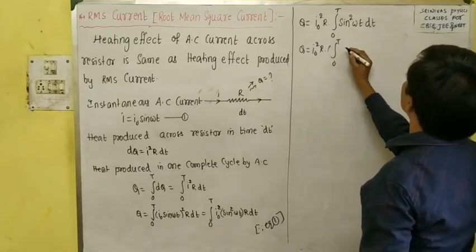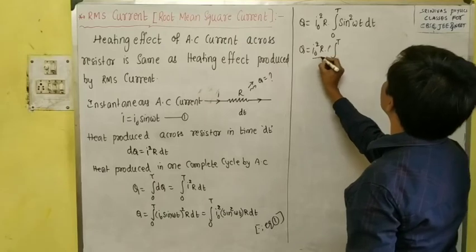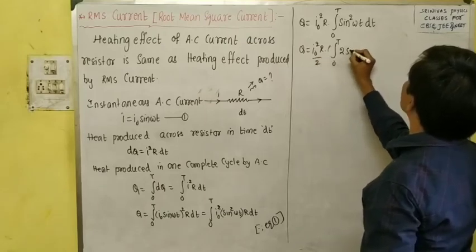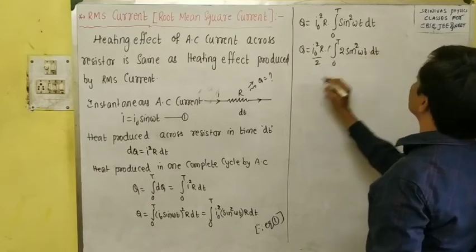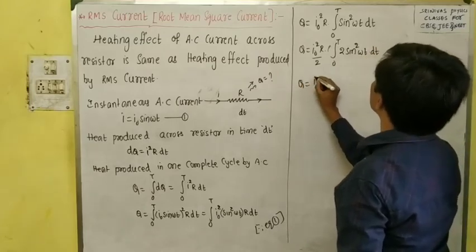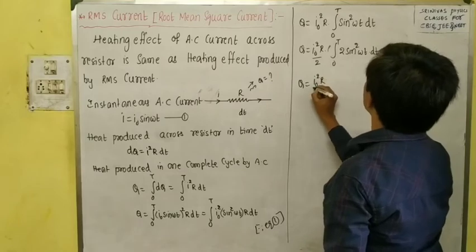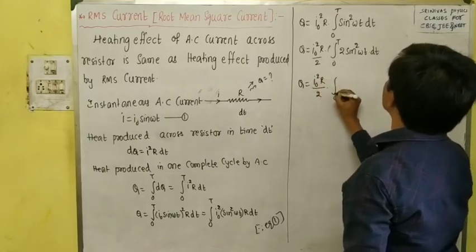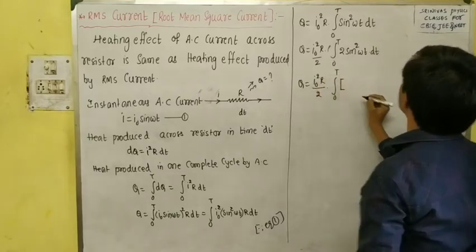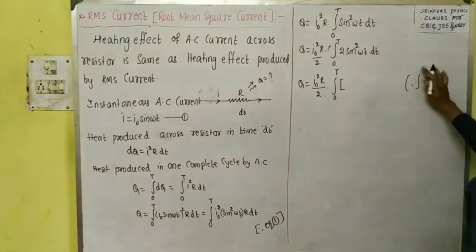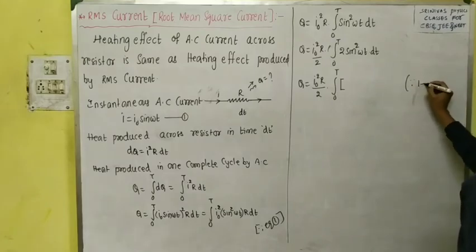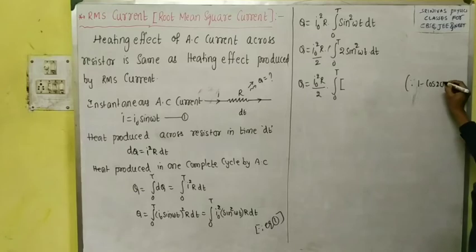We multiply with 2 and divide with 2, so q is equal to I naught square R by 2 into integration 0 to T of 2 sin square omega t dt. We have the mathematics formula: 1 minus cos 2 theta is equal to 2 sin square theta.